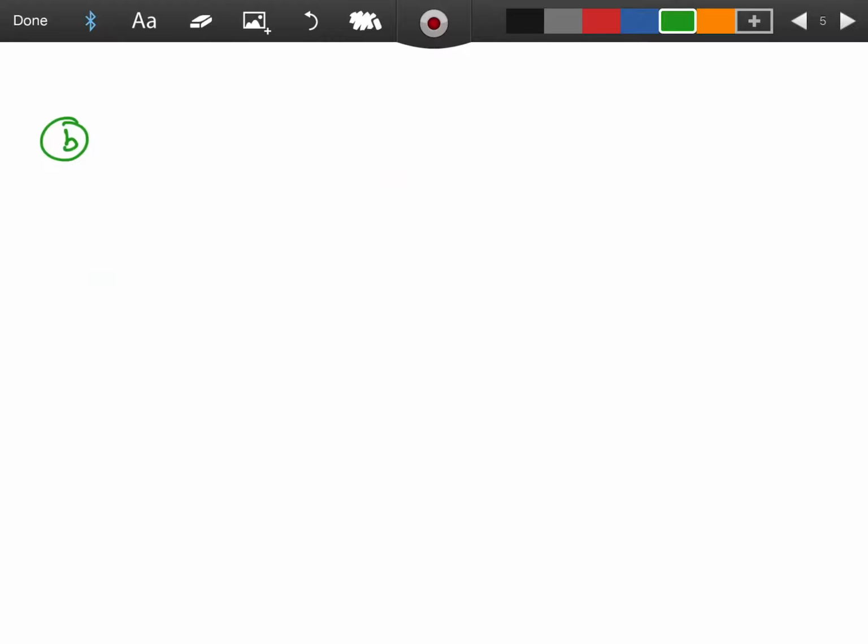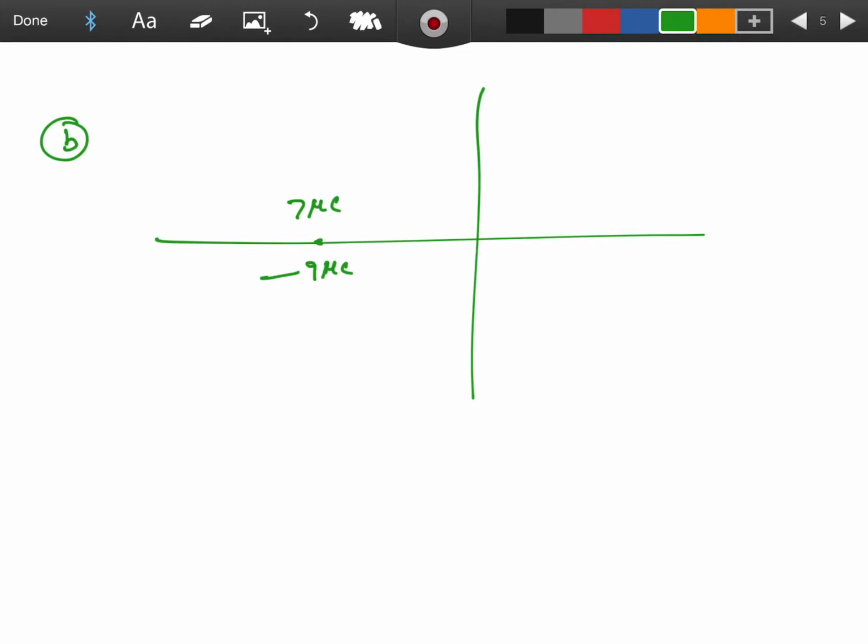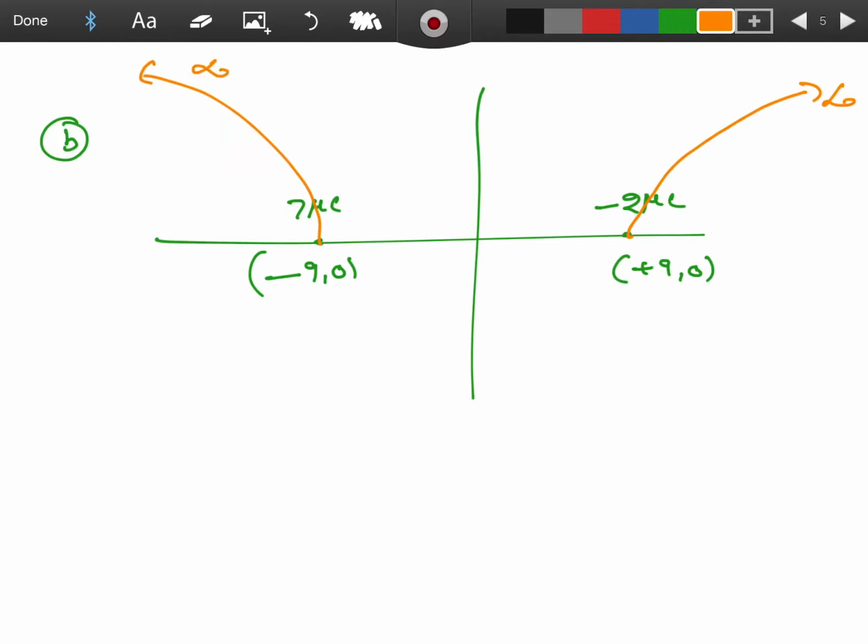And second question: how much work is required to separate the two charges to infinity away from each other? Initially both are here. Finally, this is the situation. Now I am going to take both to infinity, this to infinity, this to infinity. When you take the two charges to infinity, final potential energy should be 0.